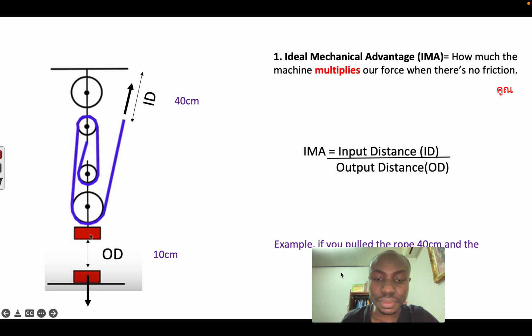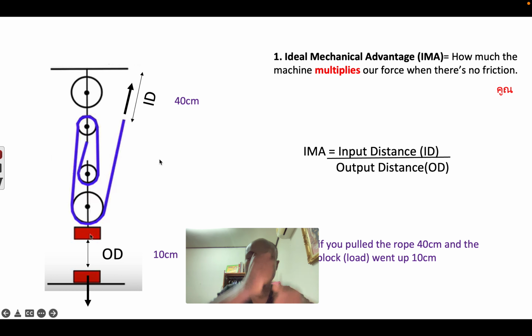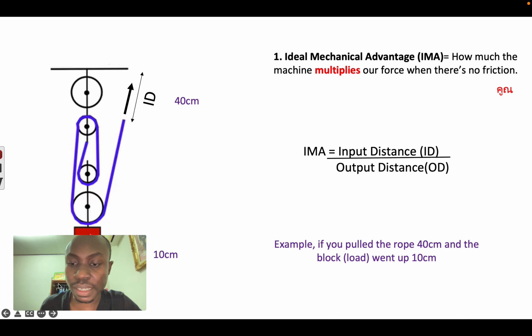Example, let's say you pull the rope up 40 centimeters and the load rises up 10 centimeters. What is the ideal mechanical advantage? That is going to be 40 centimeters over 10 centimeters, which is 4.